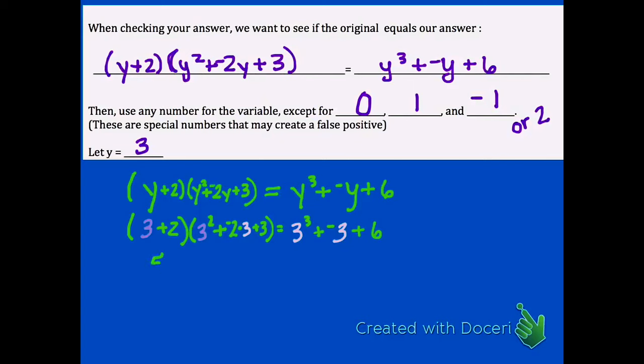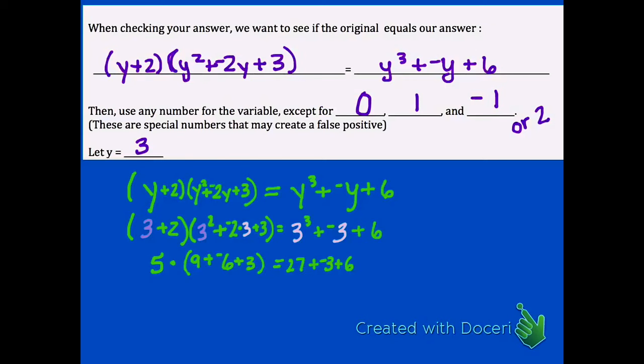I've got 3 plus 2, that gives me 5 times, and in here we've got 3 squared, which is 9, plus negative 2 times 3 will give me a negative 6, plus 3. And then on the other side of the equation, I've got 3 to the third, which is 27, plus negative 3 plus that 6.